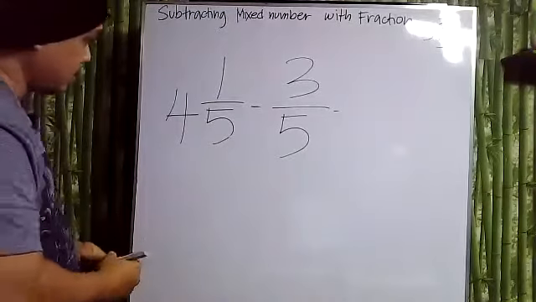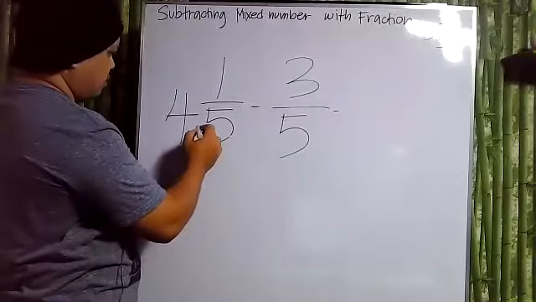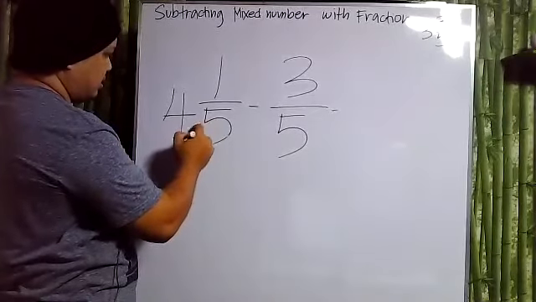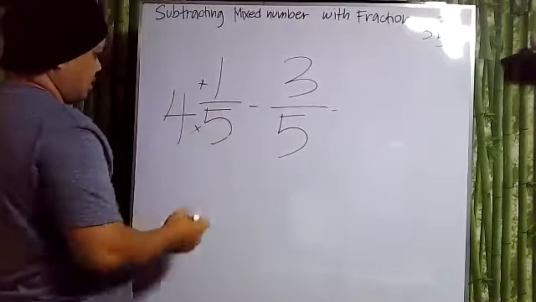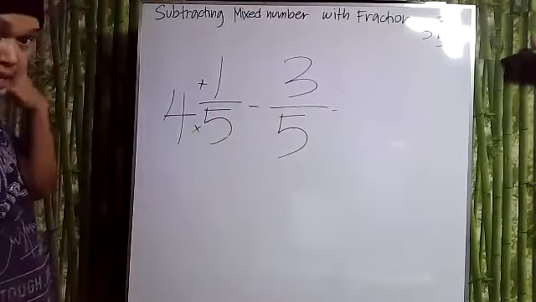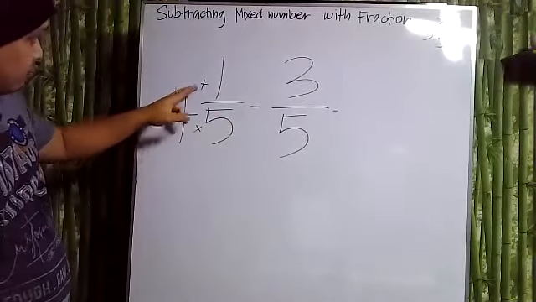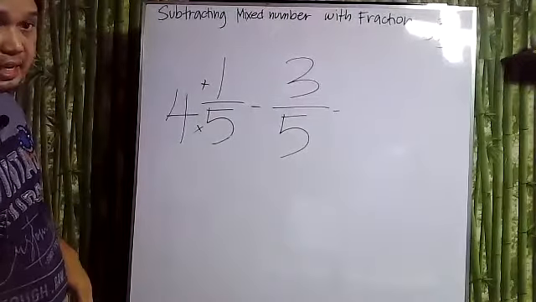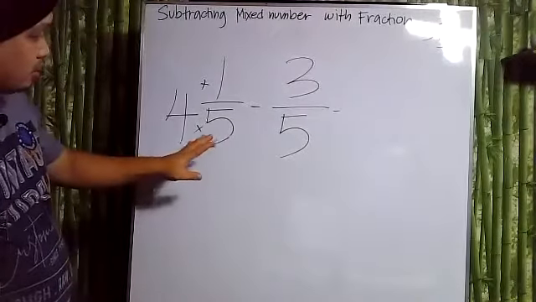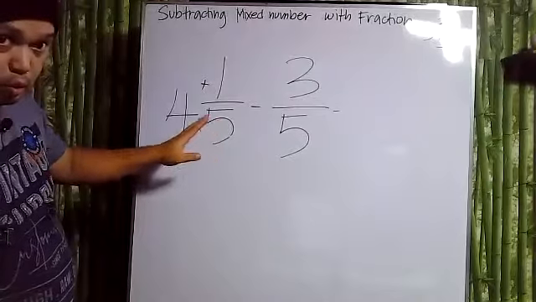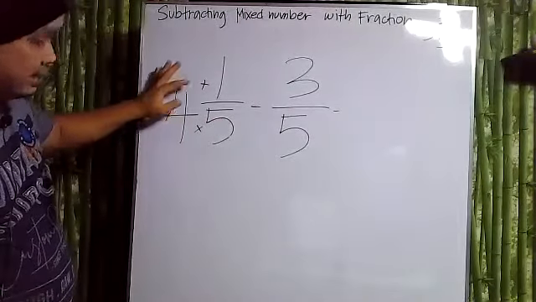How? By multiplying and adding. We multiply 5 to 4 and add 1 to the numerator. Multiply the denominator to its whole number and add the numerator.